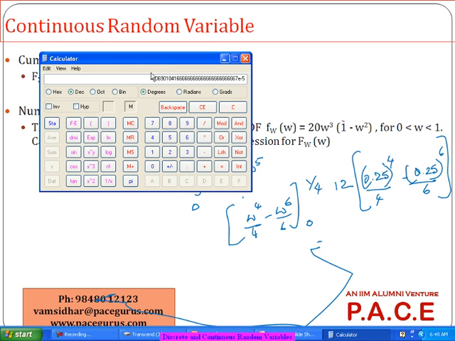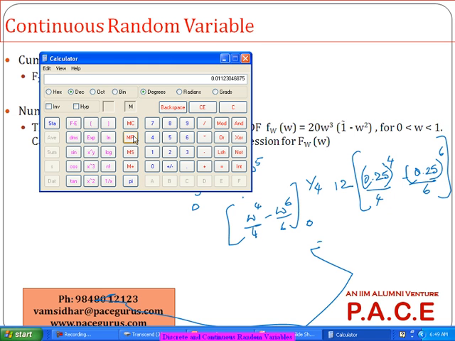Then 0.25 to the power 4 divided by 4, minus whatever I recall from memory. I'll multiply this by 12 and I get 0.011.